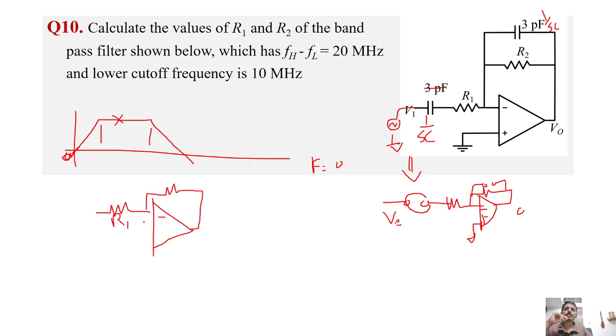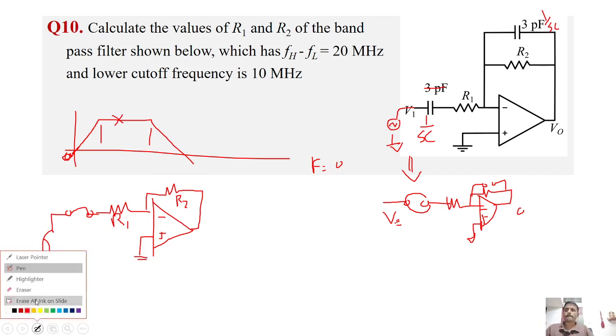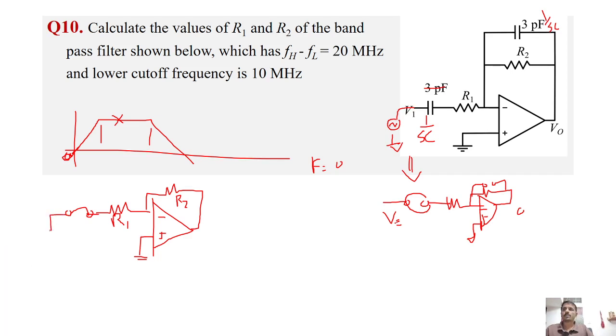So this is R1, this is R2. It must be almost like this, that is, this capacitor is being shorted.